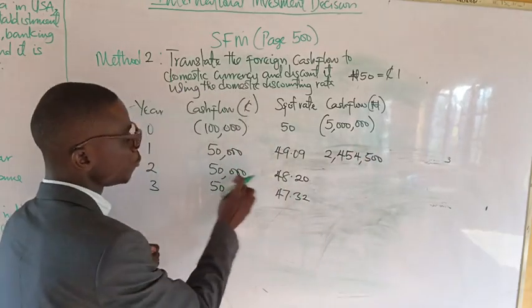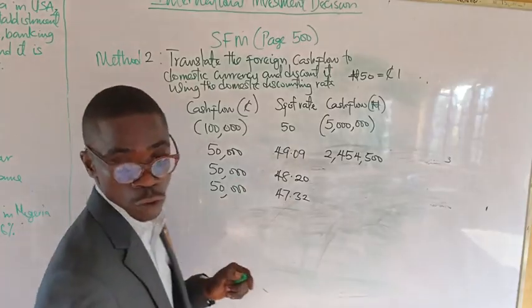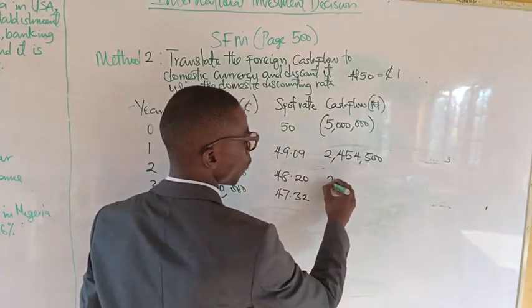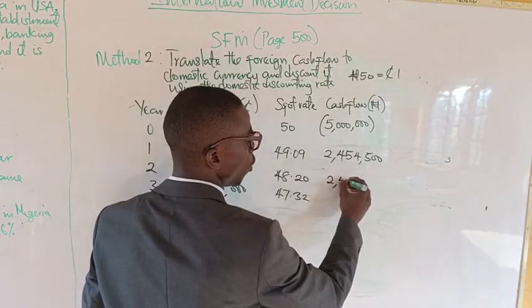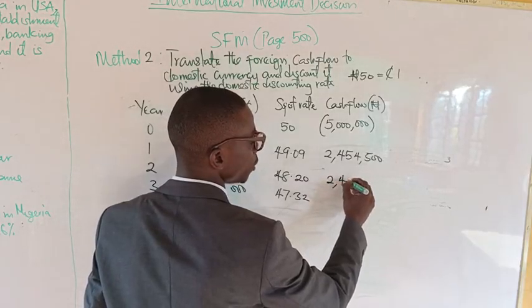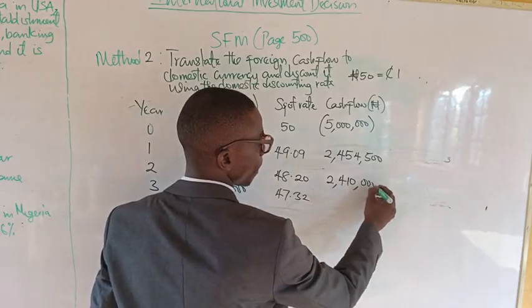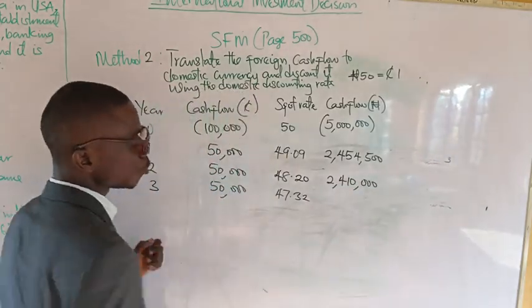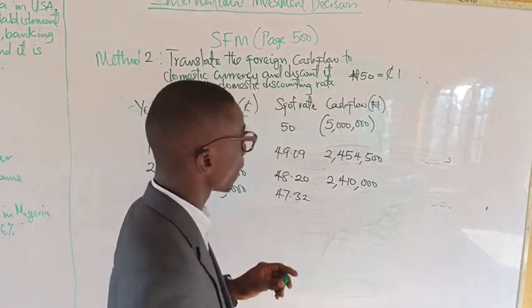So this one 50 times this will give us what? 410,000.